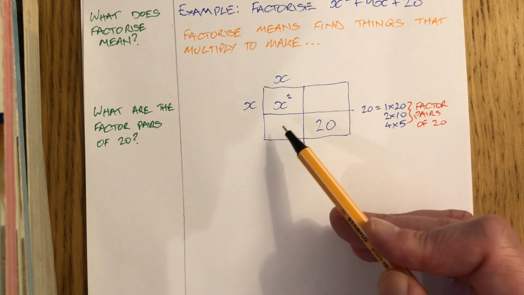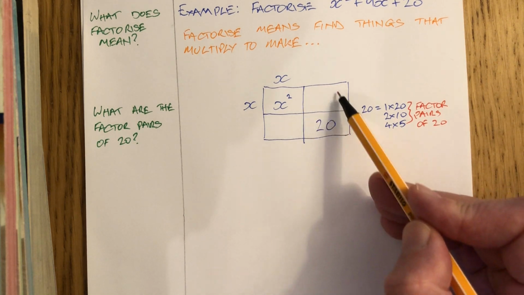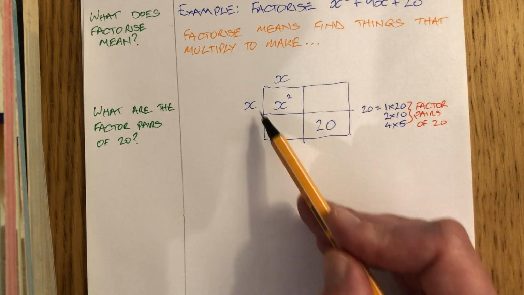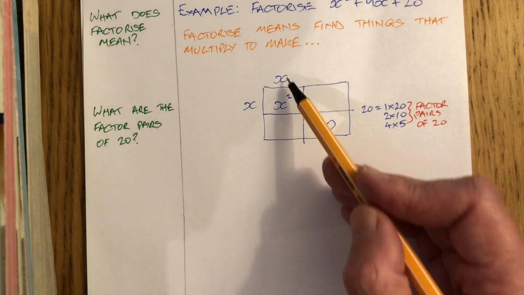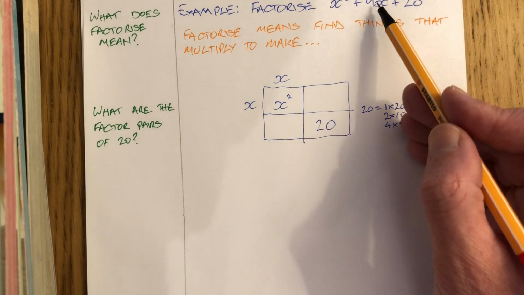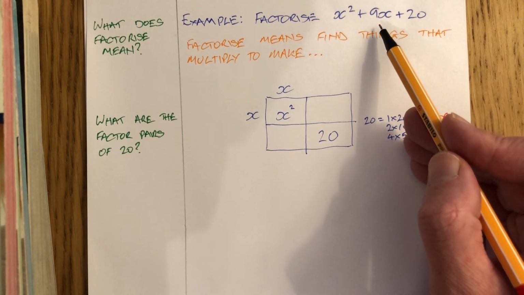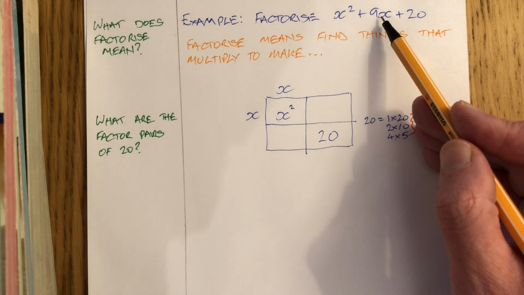Now, these 2 squares here, this term is made by whatever this number is times x, and this term here is whatever this number is times x, and then we will add them together to get this middle term 9x. So something x add something x makes 9x.